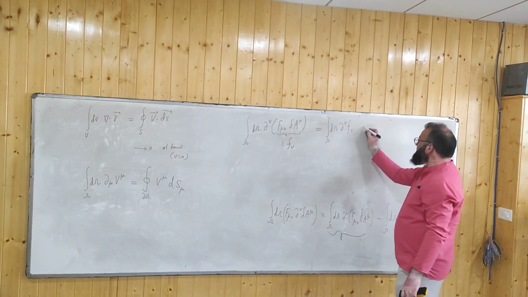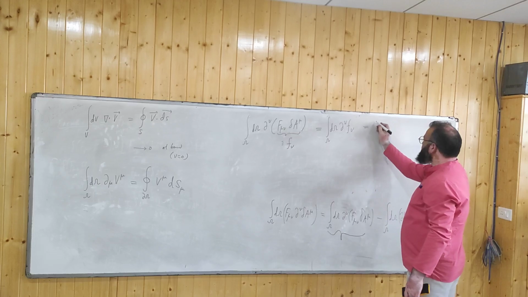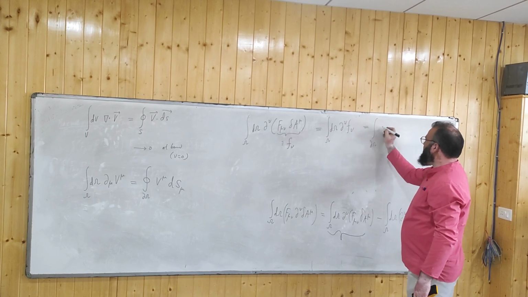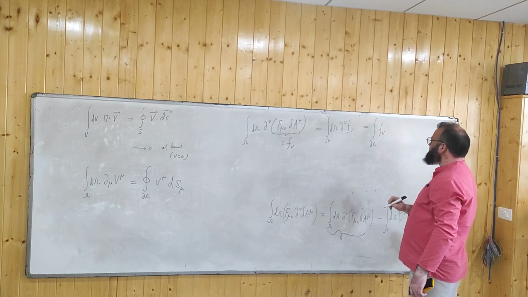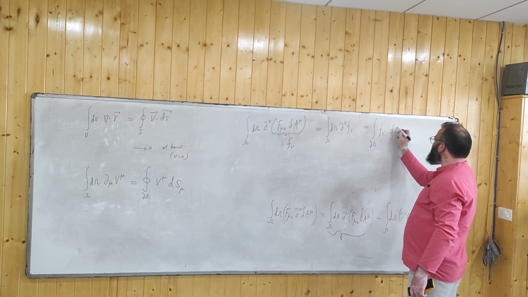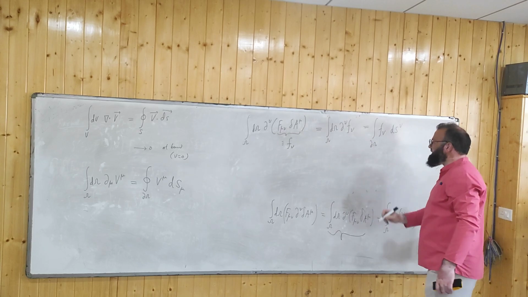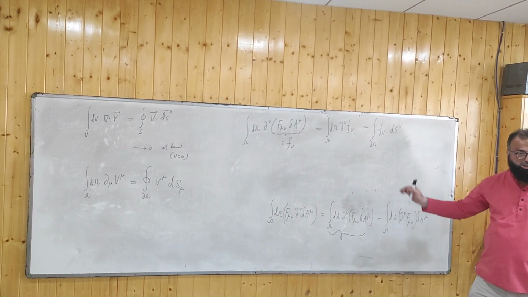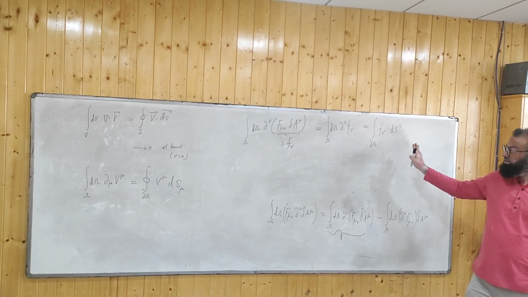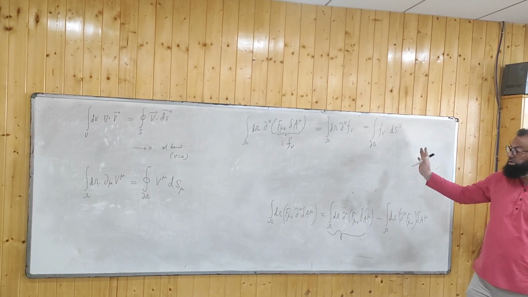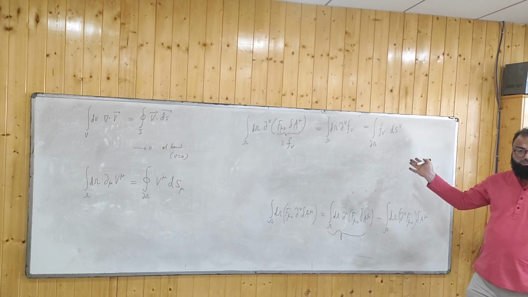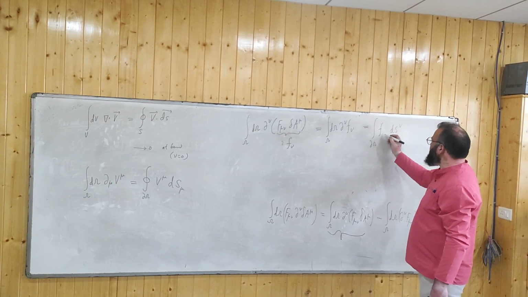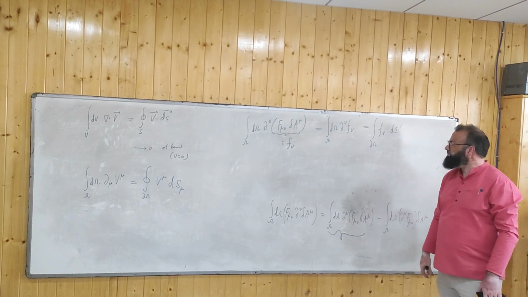So let's apply the Gauss divergence theorem. It will be over some surface, boundary of omega, and f nu. Then let's write some surface element, and you put an index here.